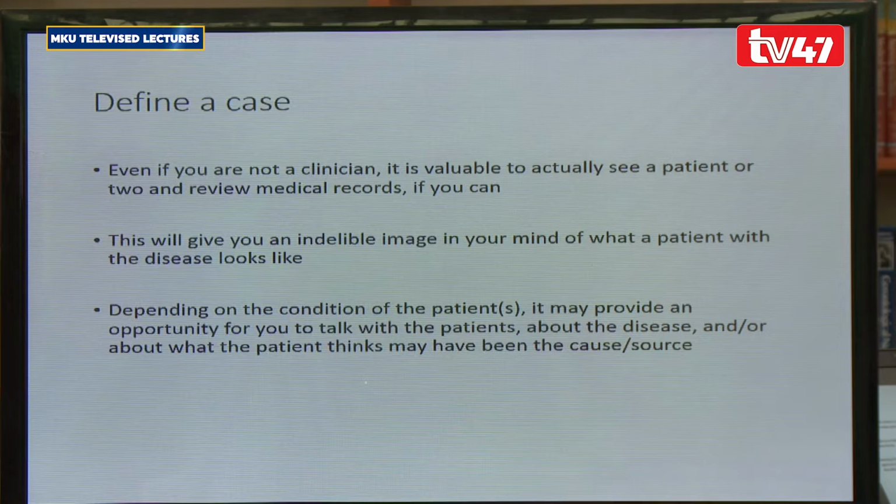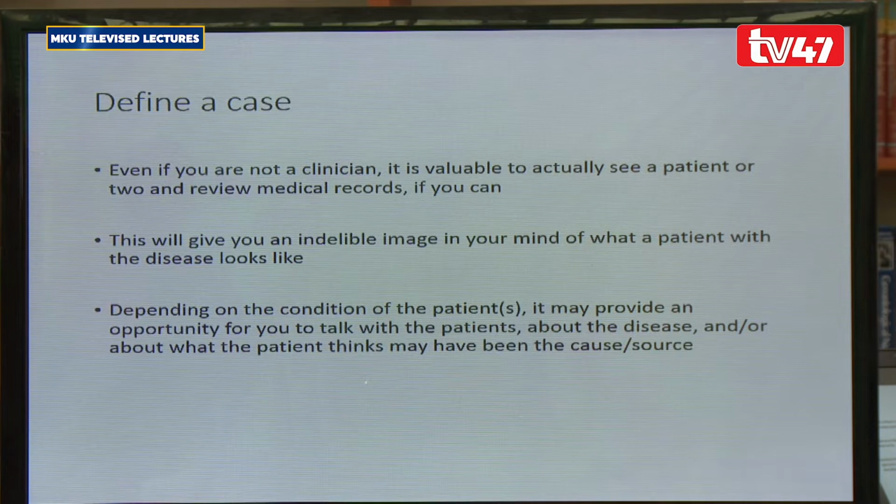So even if one is not a clinician, it would be very important to review medical records of this case. If it is possible, you need to see this case, see how they are presenting, so that when you see other cases, you may have an idea of how the disease is showing.